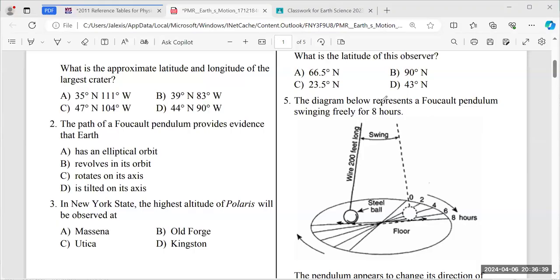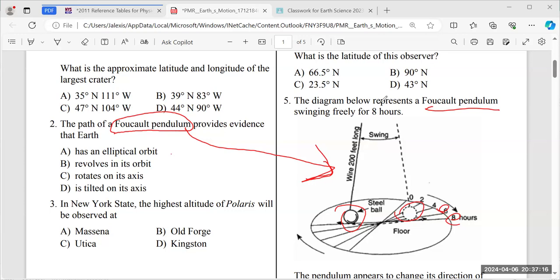Number two: the path of a Foucault pendulum provides evidence that the Earth... What is a Foucault pendulum? It's very interesting, because if you look at question 5, the device is right here. This is a Foucault pendulum. What's interesting is that as it swings back and forth, it appears to us that it is changing directions.